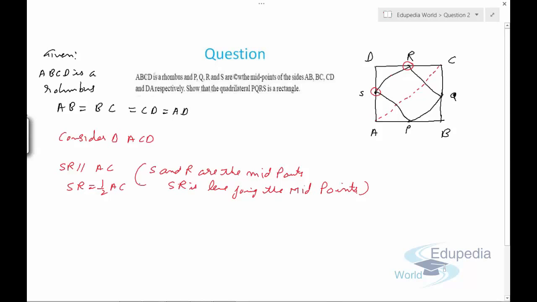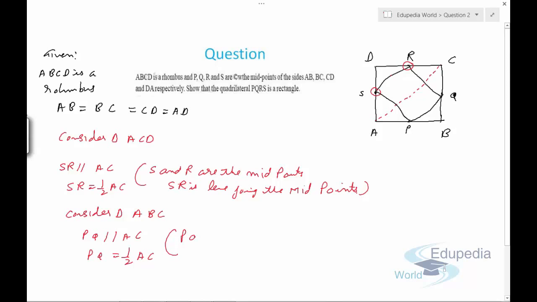So by the midpoint theorem, SR is half of AC and SR is parallel to AC. Similarly, if you consider triangle ABC, we can say that PQ is parallel to AC and PQ is also half of AC. Why?